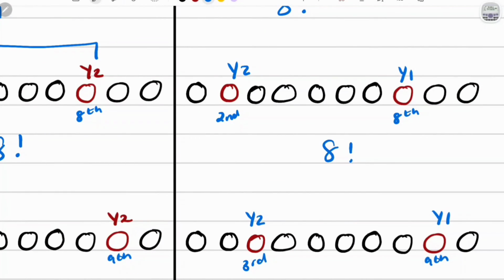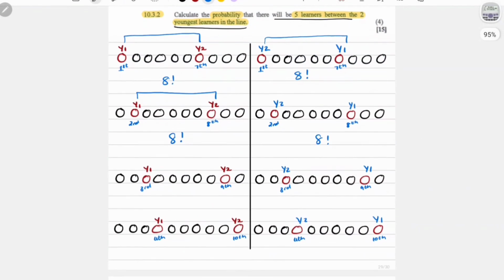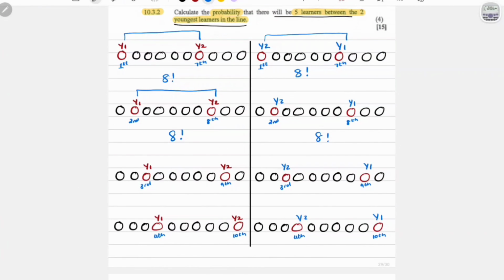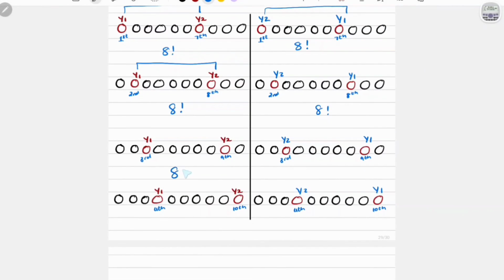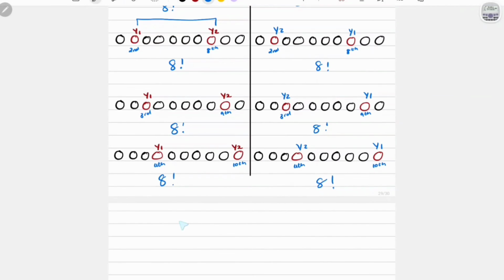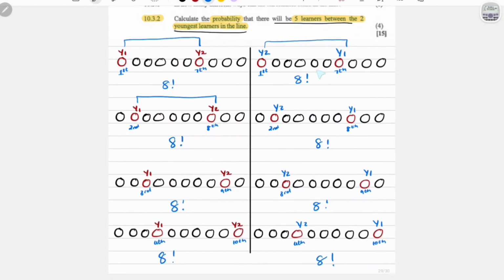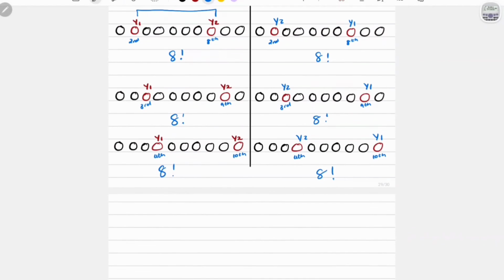8 factorial, right? For these 8 categories, they're going to be 8 factorial. So if you look at what's going on, we're adding 8 factorial 8 times. So that would be 1, 2, 3, 4, 5, 6, 7, 8, right?